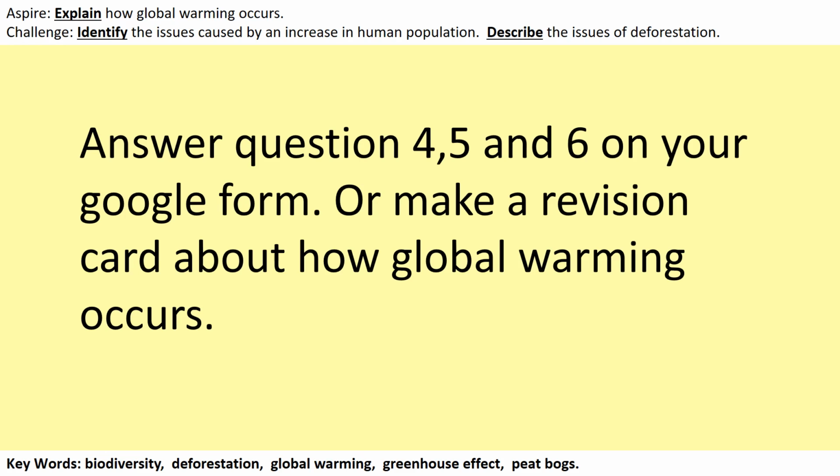Or if you want to, make a revision card about how global warming occurs. You can go back to the previous slide, pause the video and make some notes. Okay, I'll give you 5 minutes.